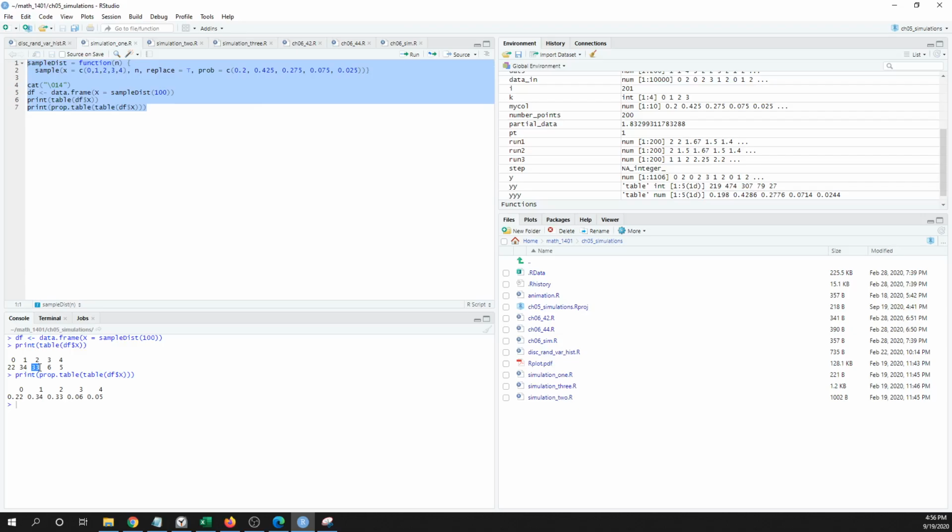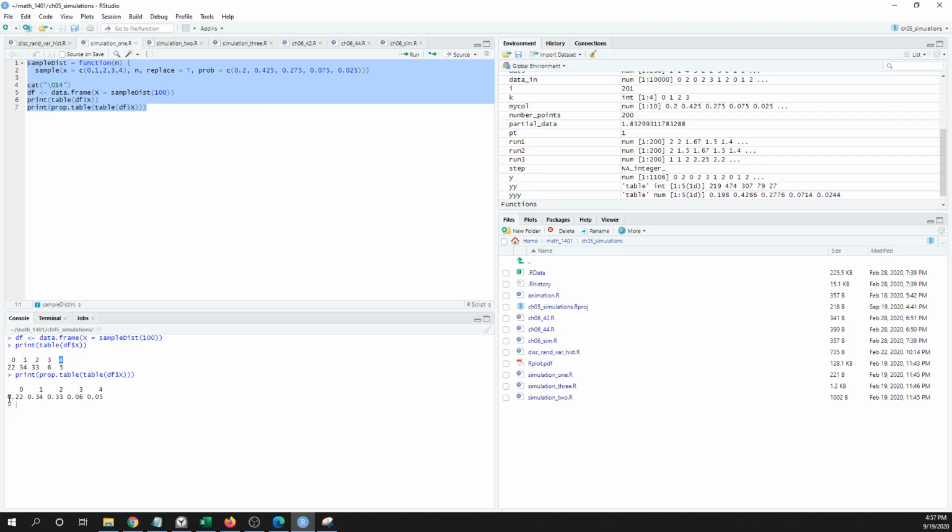And 33 times out of the 100, 2 people said they prefer crunchy. 6 times out of the 100, 3 people said yes, they prefer crunchy. And then 5 times out of the 100, 4 people said yes, they prefer crunchy.